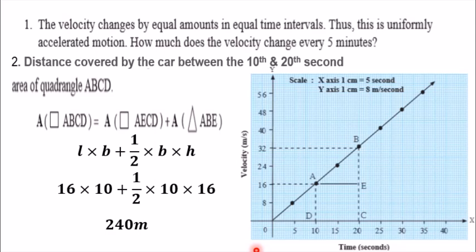So the distance covered by the car between the 10th and the 20th second is 240 meters.